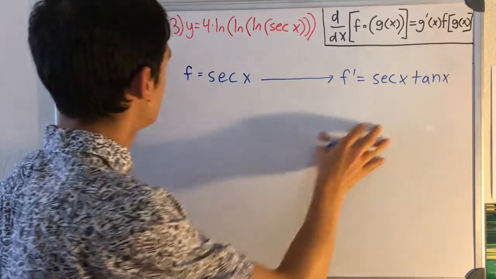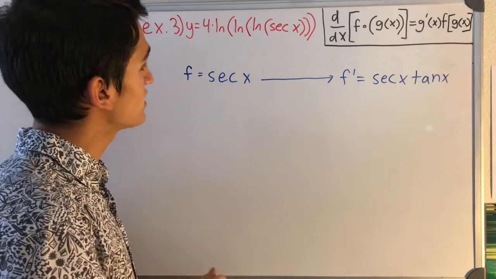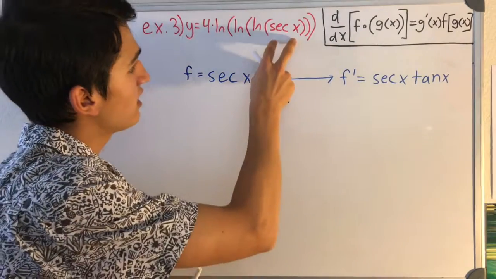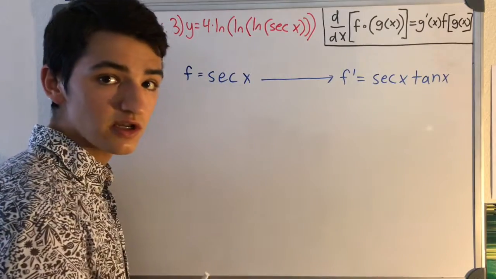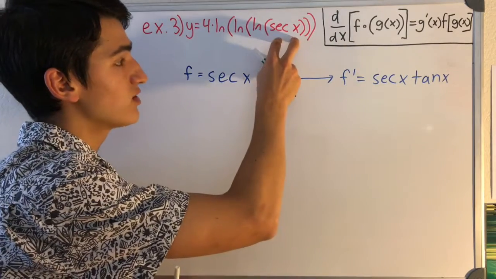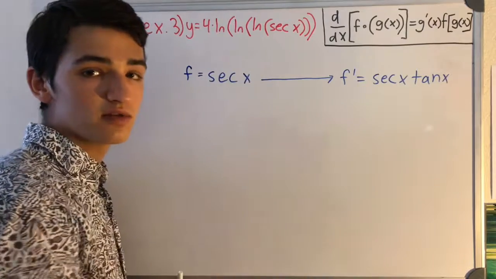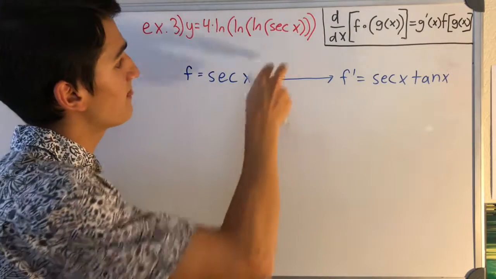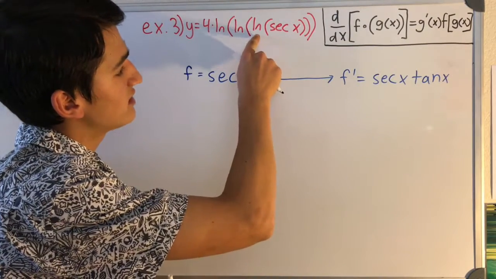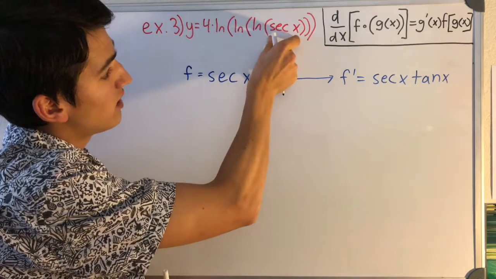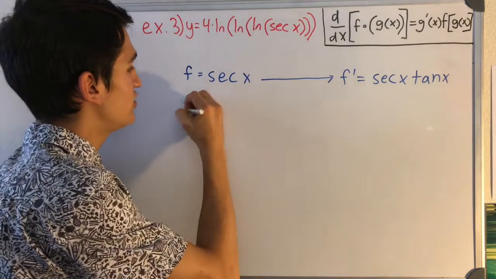Moving on to our next function. Even though there's a bunch of functions here, all we're doing is going from the innermost function all the way to the outermost function step by step. So what's the next one? The next one is just the natural log of this inner function, so we'll call that g.